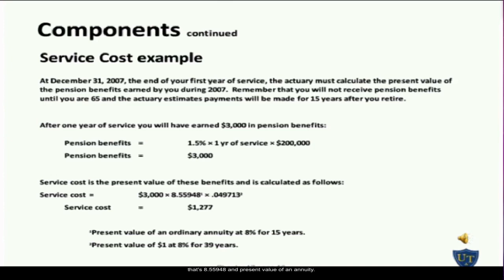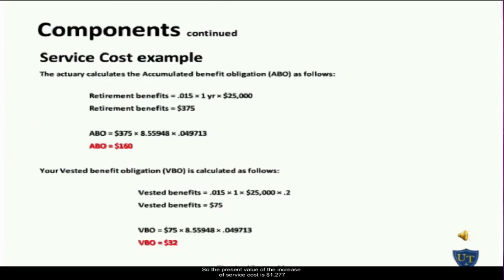That's the present value of an annuity. And remember, this would be a series of pension payments made over 15 years of the employee's retirement. And then we're going to multiply that by the present value of $1. So the present value of the increase to the service cost is $1,277.